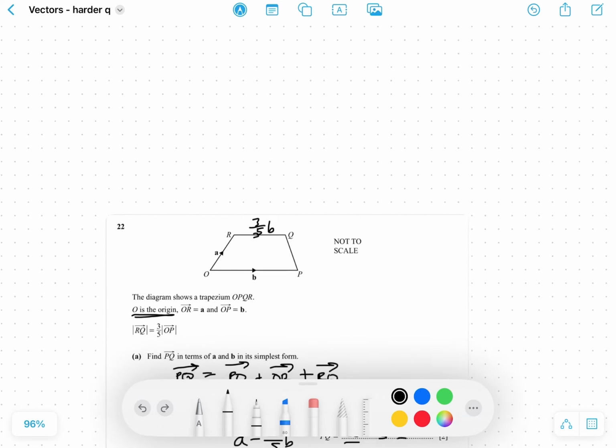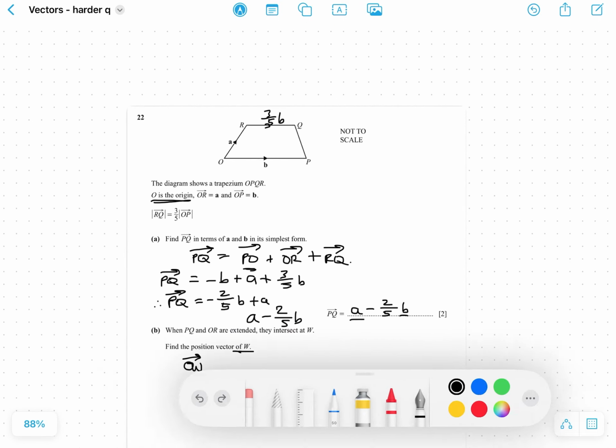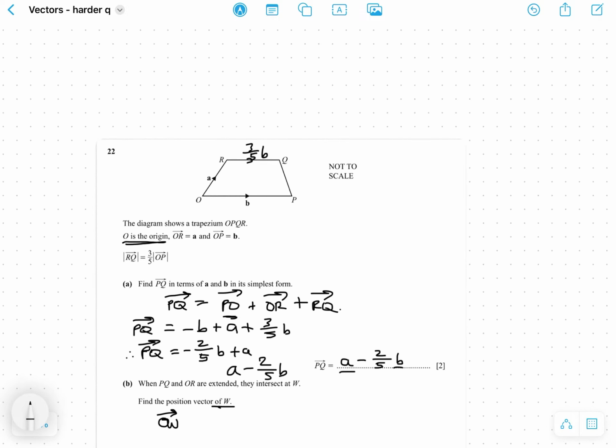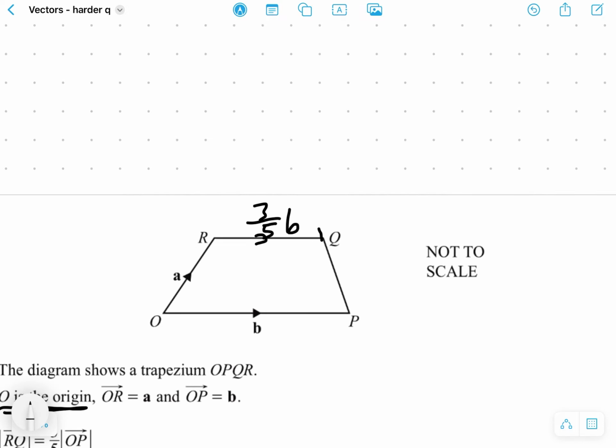So let's firstly extend the lines PQ and QR, and they intersect at W. Sorry, PQ and OR, when the lines PQ and OR are extended. So something like this.